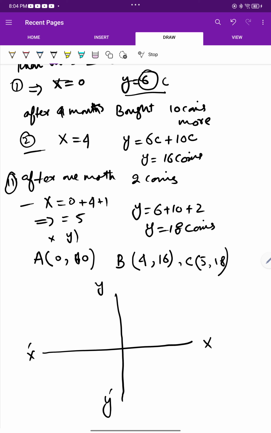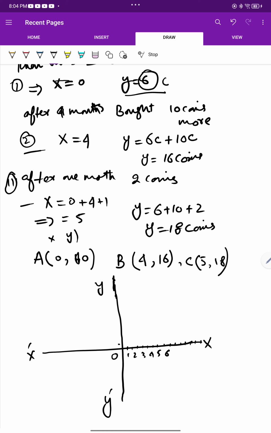It starts from 0, and we mark small units like 1, 2, 3, 4, 5, 6, up to 16, and here we have number 18.